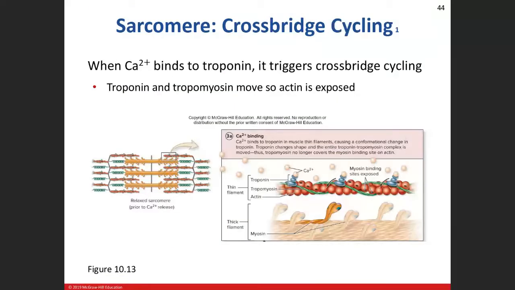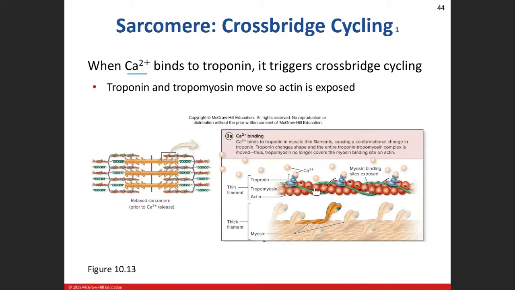To start it off, we need calcium, which is going to bind to one of our regulatory proteins, troponin, which sits on top of the tropomyosin. And once that occurs, tropomyosin slides off, like you saw in the video, that rope, it slides off of the myosin binding sites on the actin there, so myosin can bind.